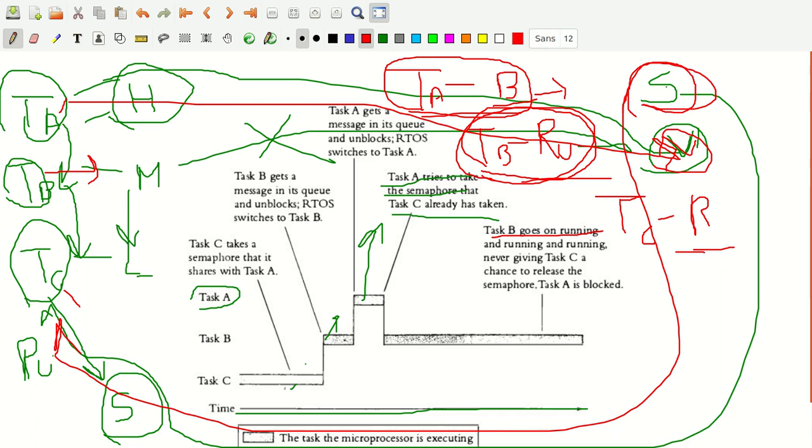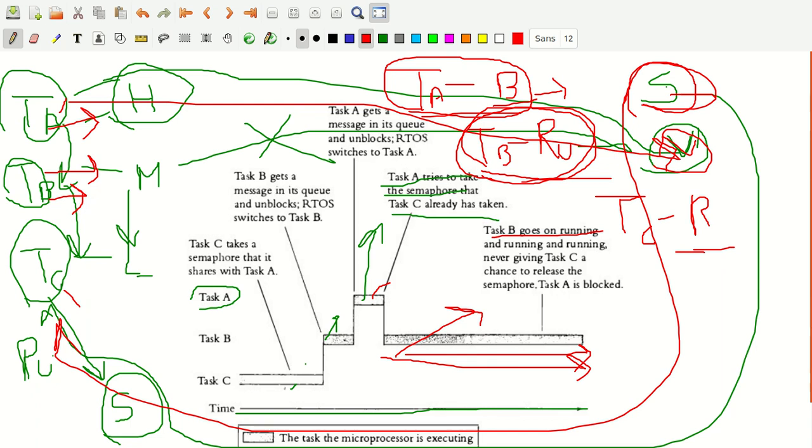Task A is blocked. Why? Because if the instructions of task B are very lengthy, task B keeps on getting executed. This is what we call priority inversion. Why priority inversion? Even though task A has the high priority and task B has lower priority than task A, task B gets a chance to get its instructions executed, and task A has to wait for task B to complete.